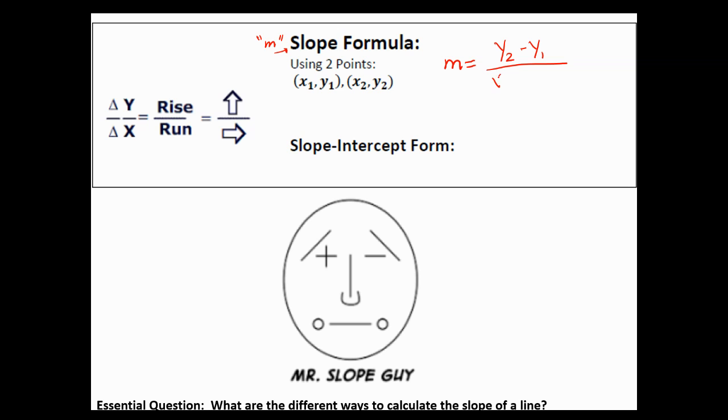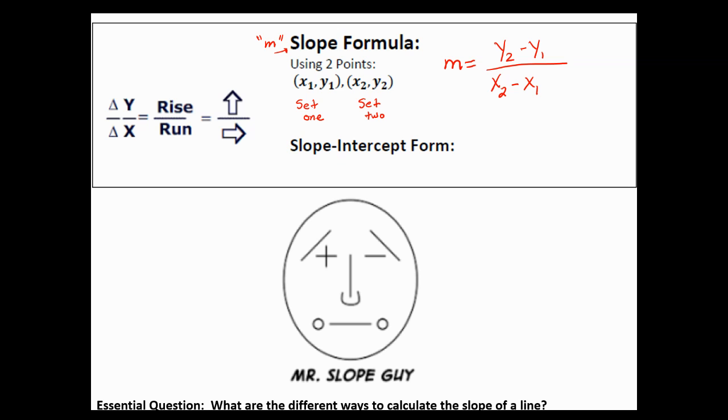And it's the changes in y's over the changes in x, and that you get from 2 points. So here's 2 points, x1 y1 and x2 y2. The little numbers just say this is the first set of points and this is the second set of points.